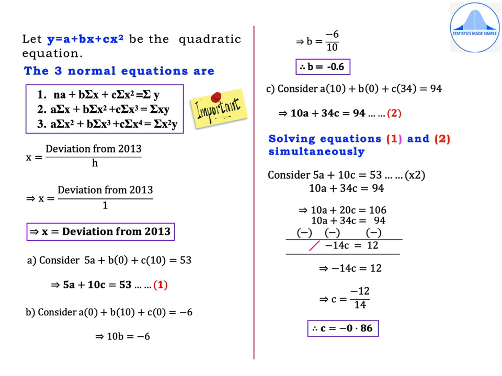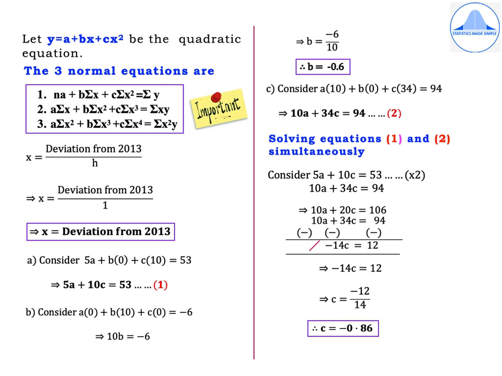Now in the second normal equation, a into 0 plus b into 10 plus c into 0 equal to -6, which implies 10b is equal to -6, or b is equal to -6 divided by 10. Therefore, b is equal to -0.6. In a similar way, consider the third normal equation, that is a into 10 plus b into 0 plus c into 34 is equal to 94, which implies 10a plus 34c is equal to 94, and I call this equation 2.